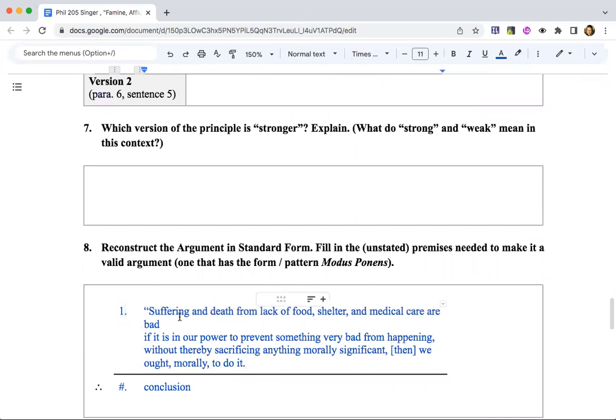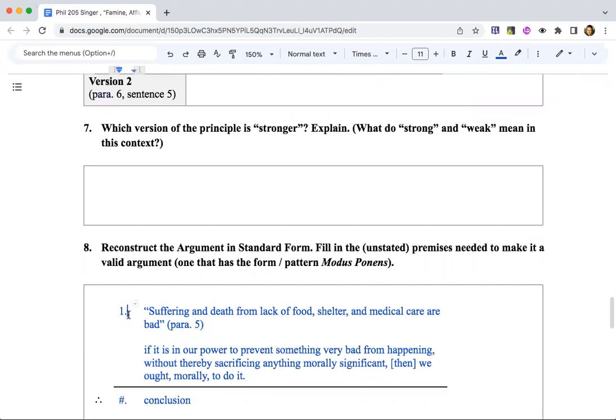Suffering and death from lack of food, shelter, and medical care are bad. That was paragraph 5. Premise 2. If it is in our power to prevent something very bad from happening without thereby sacrificing anything morally significant, then we morally ought to do it. And that is paragraph 6.